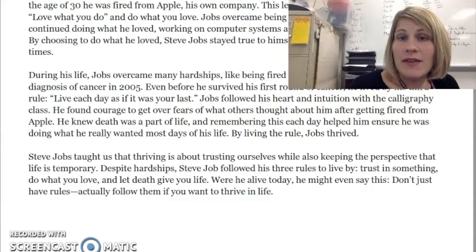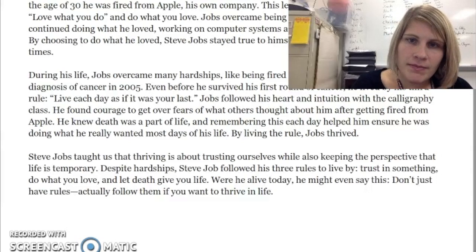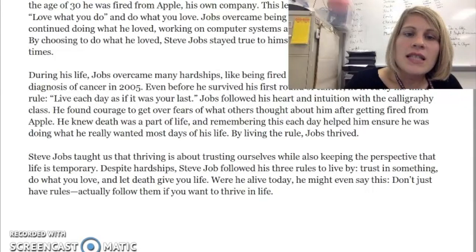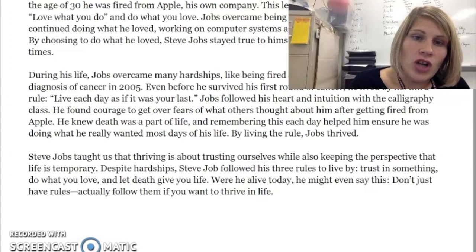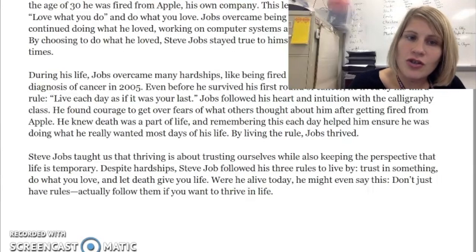So they're summarizing the things that they learned from his rules. "Despite hardships," they talked about that in the essay, so they're referencing evidence they had given. "Steve Jobs followed his three rules to live by: trust in something, do what you love, and let death give you life."